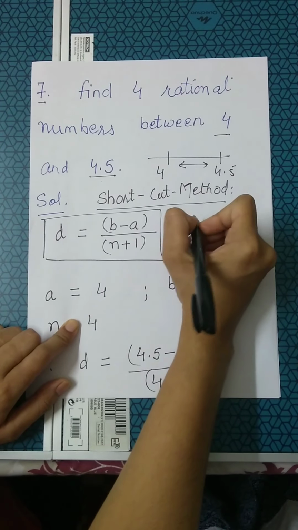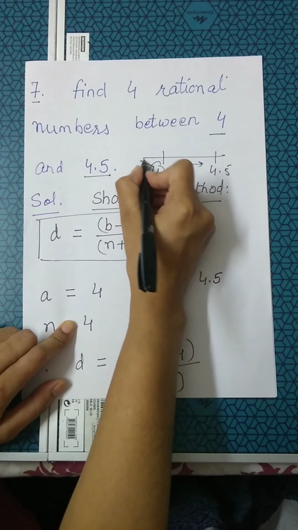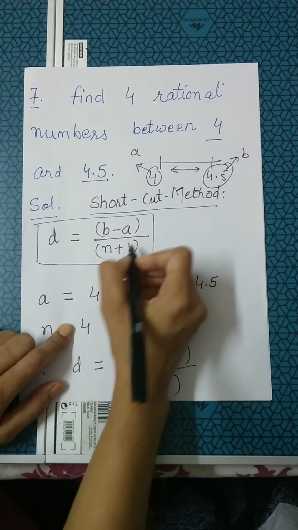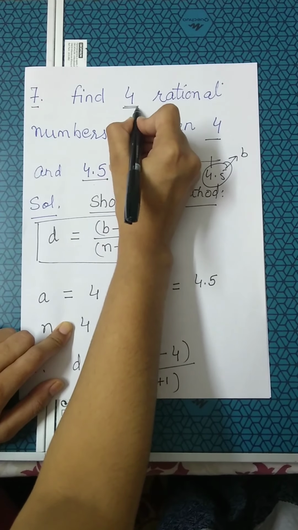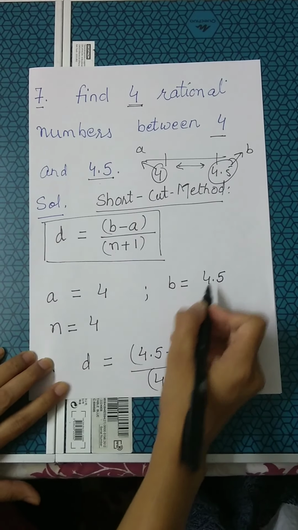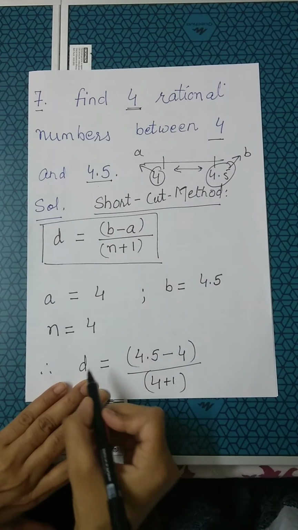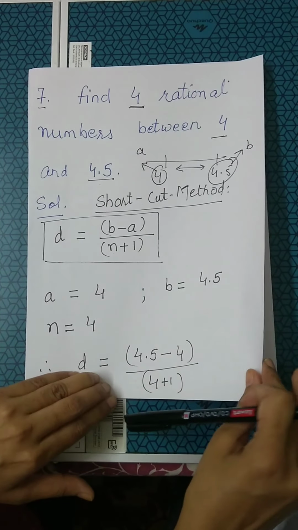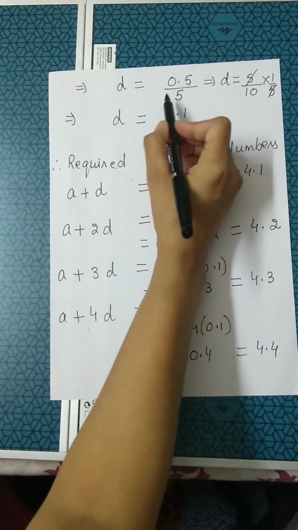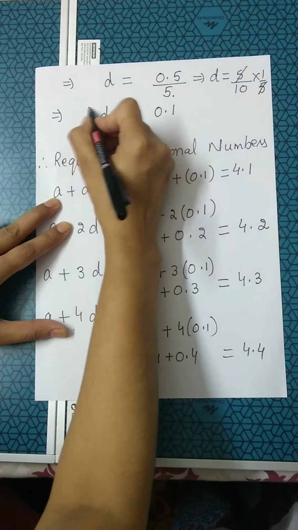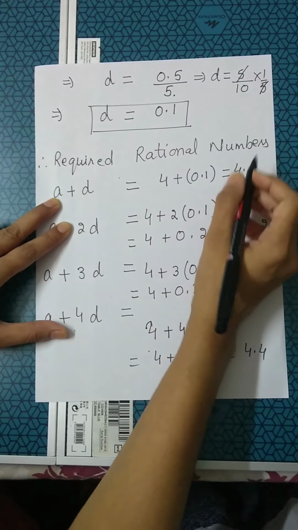In decimal form it is given. So I'll take this as a and this as b. N will be the number of rational numbers I need to find. So I got all the variables. I'll substitute it here. That is d is equal to 4.5 minus 4 divided by 4 plus 1. Now what do I get? D is equal to 0.5 by 5. That is d is 0.1.